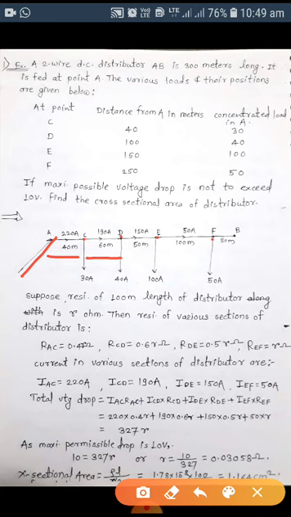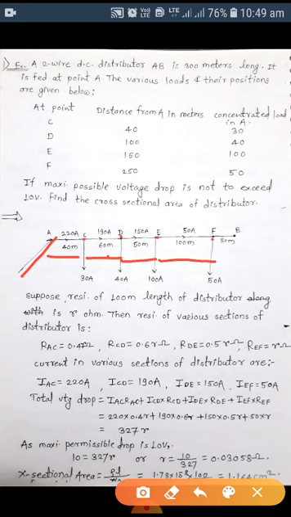So this 40 plus 60, 100, we subtract from 150, we get only 50 meter. Therefore distance between D and E is 50 meter. And finally we subtract this 40, 60 and 50 from the 250. Therefore we will get 100 meter distance of point F from point E. And finally 50 meter distance is there between point F and B.